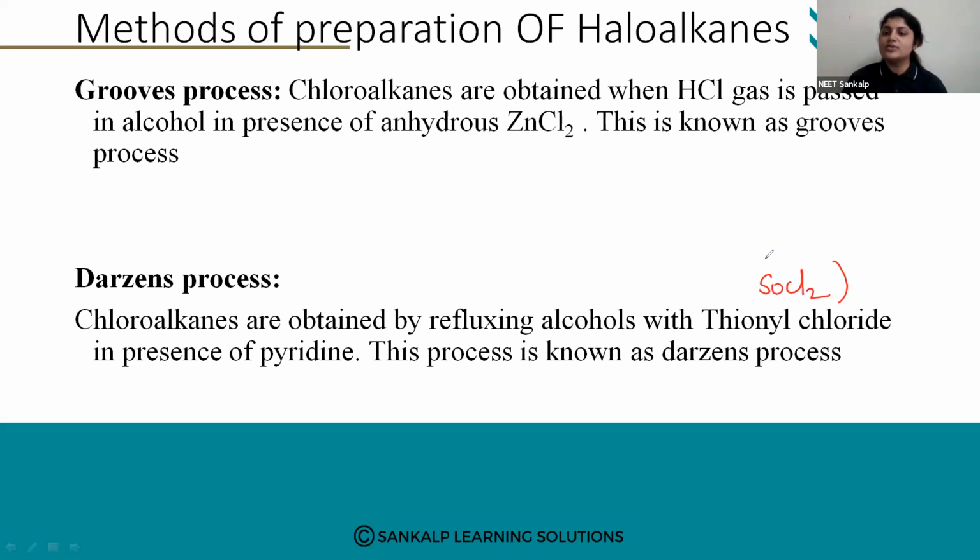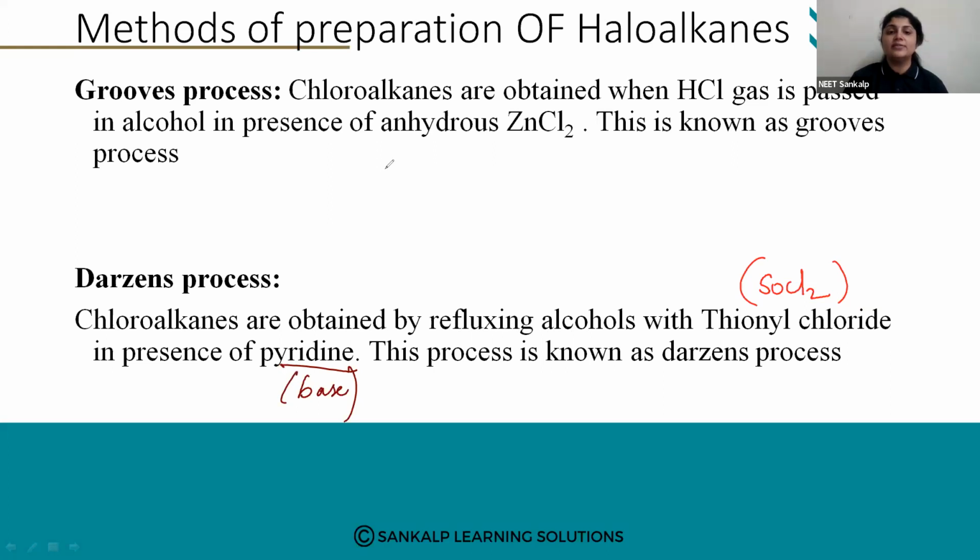SOCl2 is thionyl chloride. Chloroalkanes are obtained by refluxing your alcohols with thionyl chloride in the presence of pyridine. Pyridine is acting as a base, a strong base. So you're using a base. This is known as Darzens process.